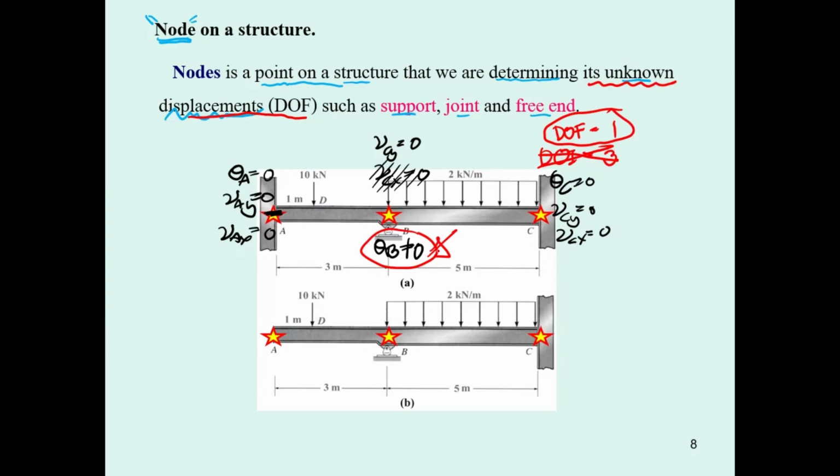Anyway, if we come back to beam B, θ_A won't be 0. If we don't consider axial deformation, v_AY is 0, and θ_B won't be 0. So this one has DOF equal to 3, and if you recall, it has DOI equal to 1.